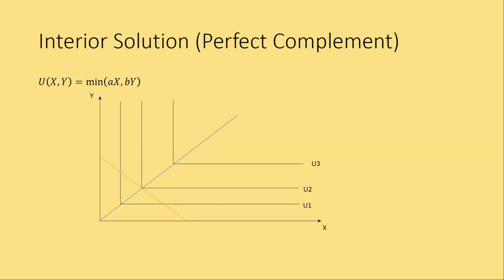The budget constraint intersects our U1 at two points, A and B. It intersects our U2 at its corner point, C. And it doesn't intersect our U3, but let's say a point here is D.